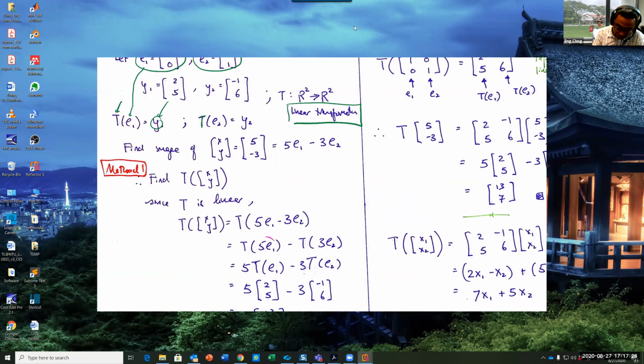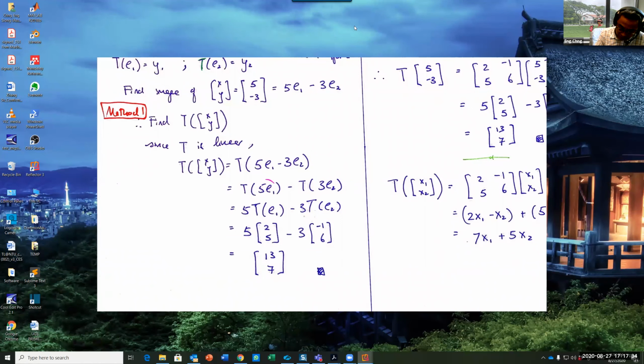So once we have understood linear transformation, we're going to use that principle, because isn't 5 minus 3 equal to 5 times 1 0 plus, sorry, actually plus minus 3 times 0 1?